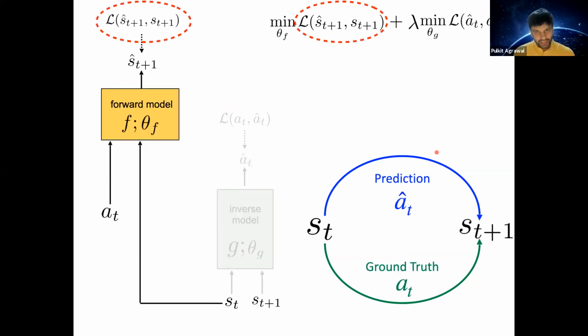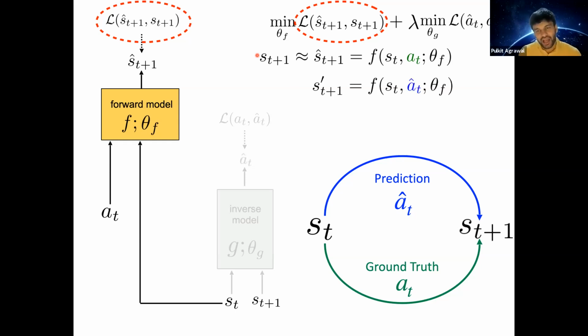The first of them is actually going to leverage the forward model to resolve this issue. So in a forward model, if the forward model is trained well, then if I input the ground truth action and my state st, I should predict s hat of t plus 1, which should be close to my ground truth. But what if I input an action predicted by the inverse model?